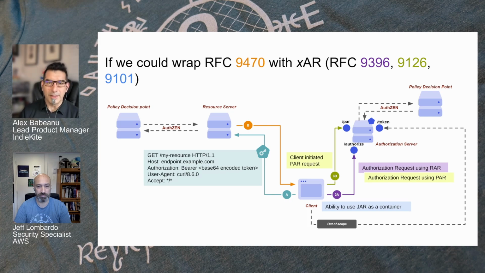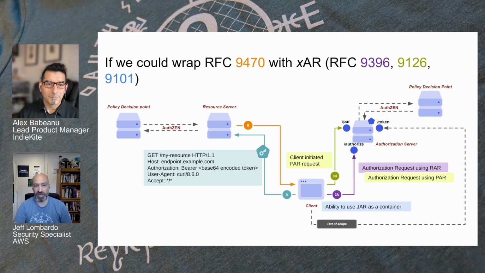So in other words, it provides a common language that all PDPs out there should understand. And so then they are easily pluggable. So in essence, a resource server would use AuthZEN to ask security questions or access questions to a PDP. Similarly, an authorization service could do the same thing in the backend, as you can see in this diagram on the left side and on the right side.